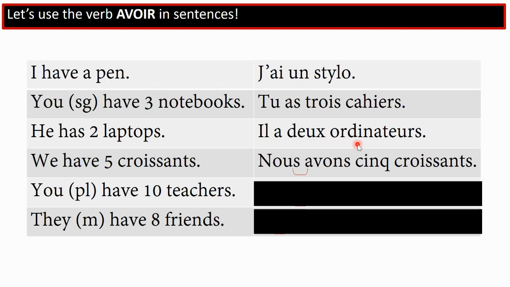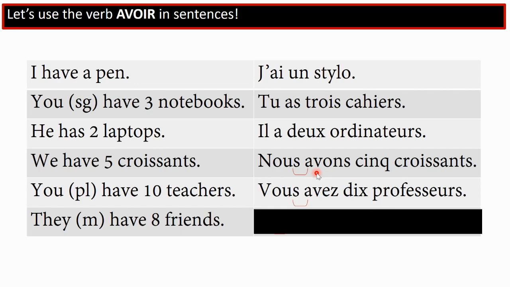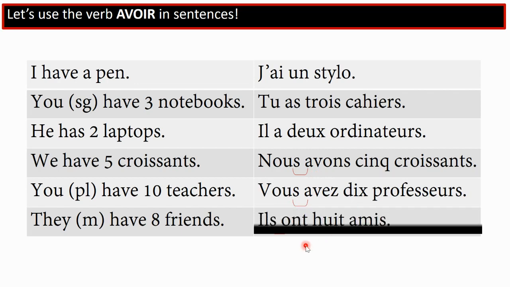We have 5 croissants. Nous avons 5 croissants. Don't forget to liaise the S and the A. You have 10 teachers. Vous avez 10 professeurs. They have 8 friends. Ils ont 8 amis.